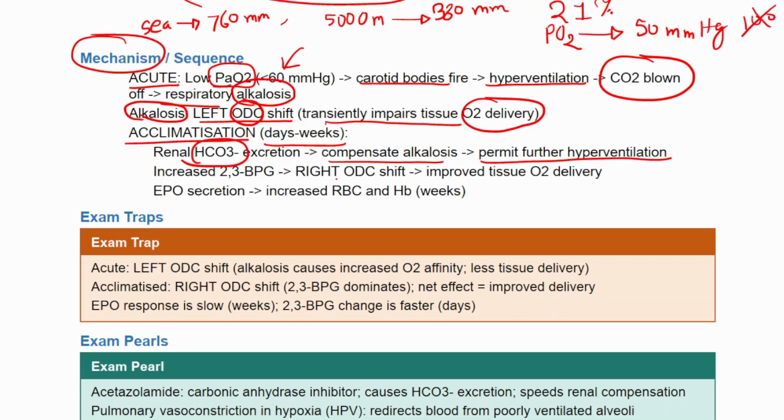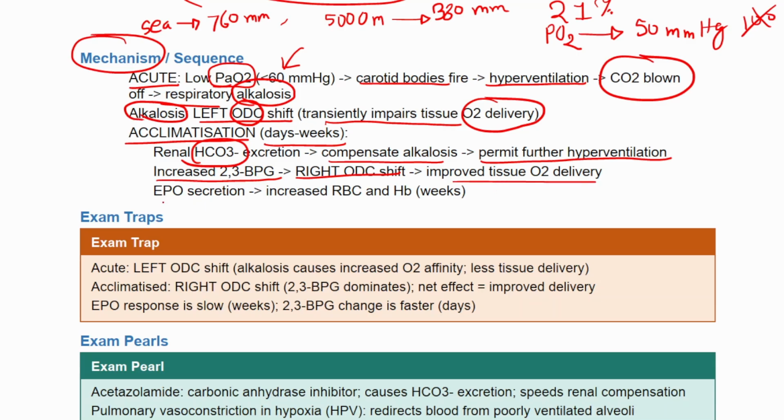And in response to chronic hypoxia, that means deficiency of oxygen, RBCs increase their production of 2,3-BPG. 2,3-BPG binds to deoxyhemoglobin and stabilizes the T state, causing a right shift in the ODC. This right shift increases oxygen delivery to tissues.